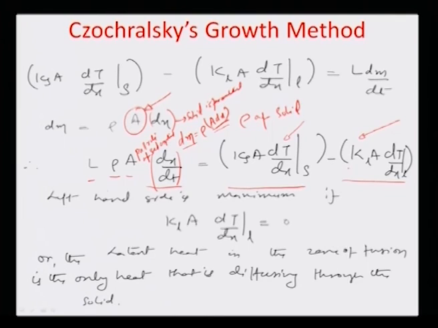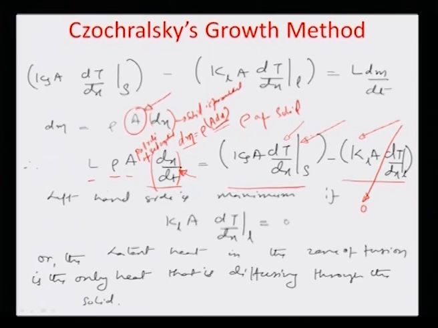So, if we assume that our pull rate is maximum for the purpose of high yield production, we should have a situation where this negative component goes to 0. Typically, whatever is coming as heat into the zone of fusion is the amount of heat going away from the zone of fusion.